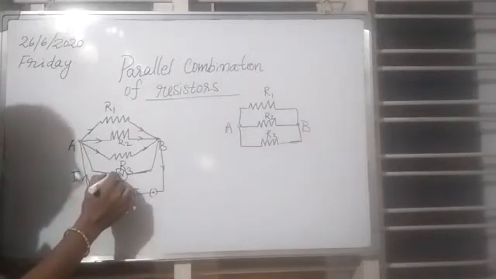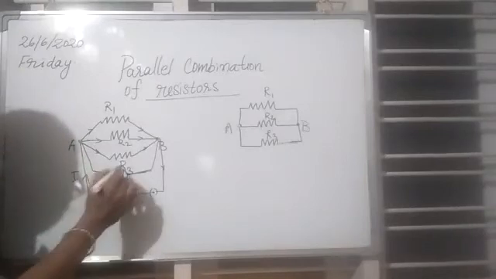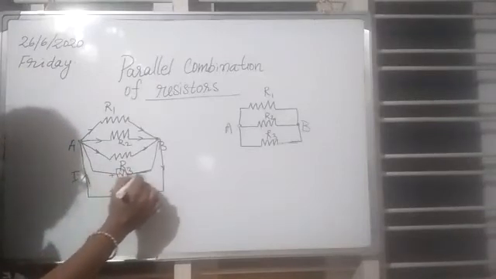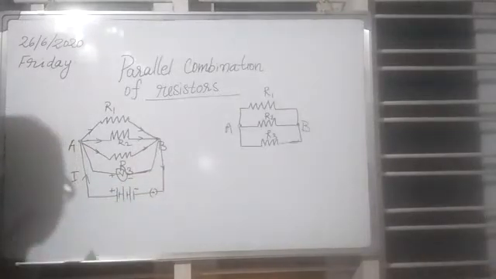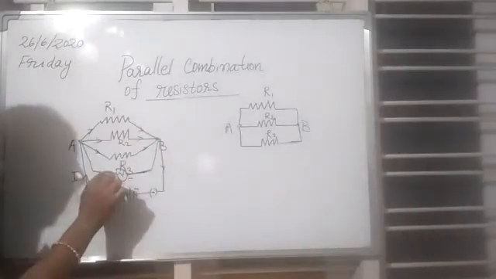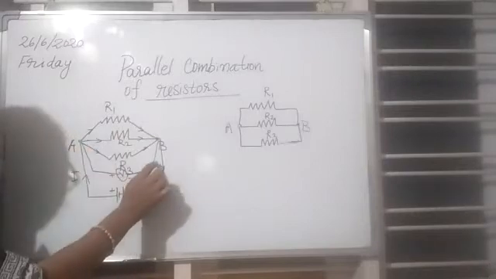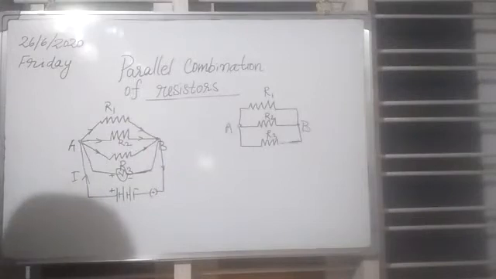The positive of the voltmeter should be connected to the positive of the battery, and the negative of the voltmeter to the negative of the battery. Each end of the voltmeter and the resistors have a common point, so the voltmeter is connected in parallel to the resistors.